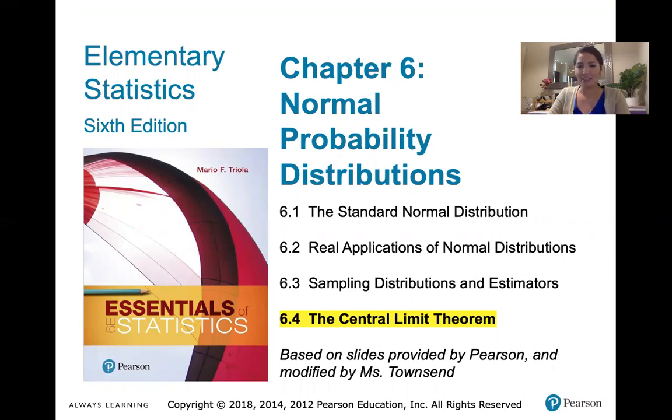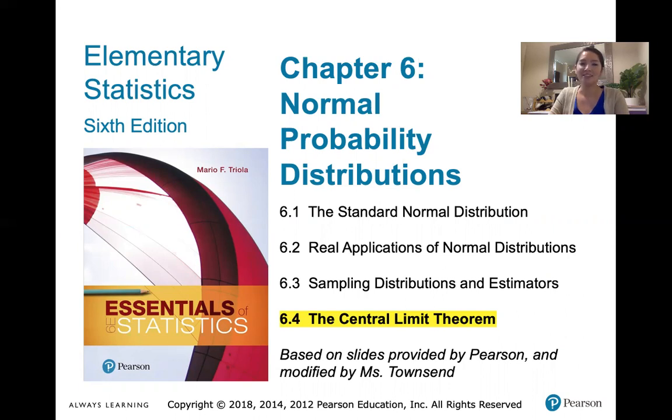And then because of the relationship between those standard and non-standard normal distributions, you can find a range of x values corresponding to certain probabilities. And you can also find probabilities corresponding to certain ranges of x values.